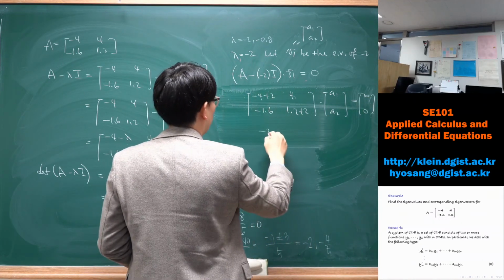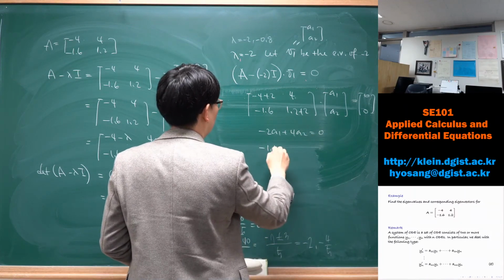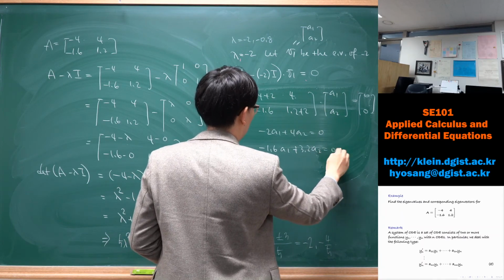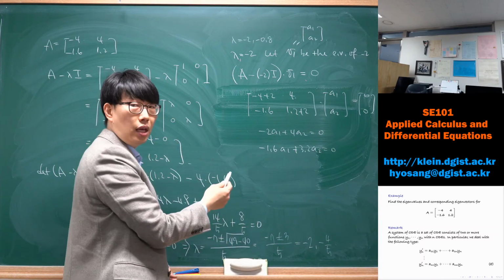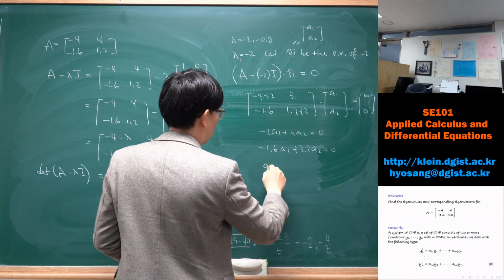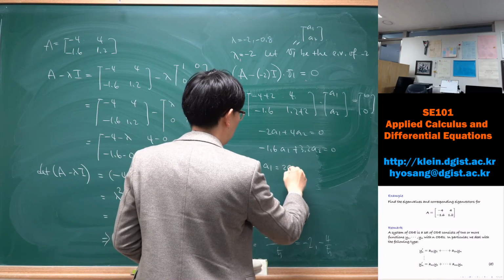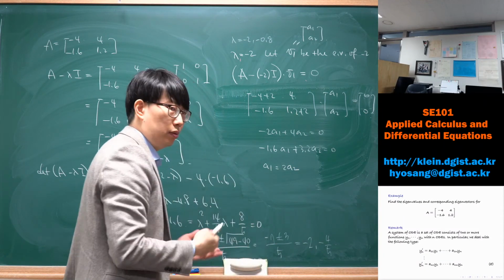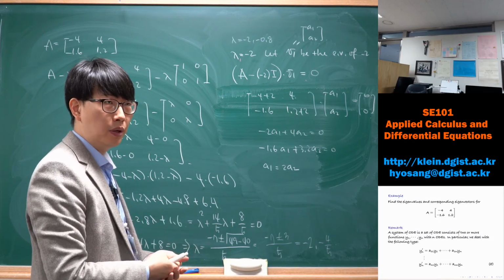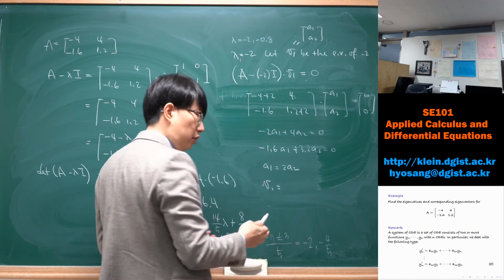So I get minus 2A1 plus 4A2 equals 0, minus 1.6A1 plus 3.2A2 equals 0. These are basically the same equations. All we know is that A1 equals 2A2. So I cannot find a unique V1, but there is one particular V1.